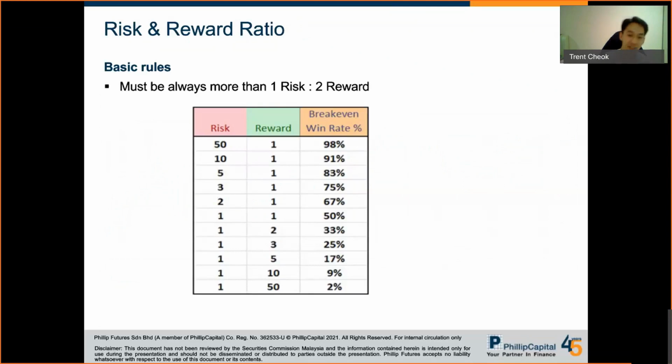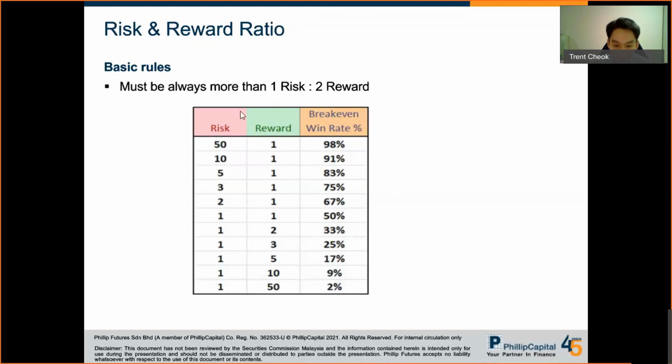You need to ask whether the risk and reward is good. For some of you who already trade, you may have heard of the 2-to-1 risk reward ratio. Basically, to be profitable consistently in the long term, you need to have 2 portions of reward to 1 portion of risk.